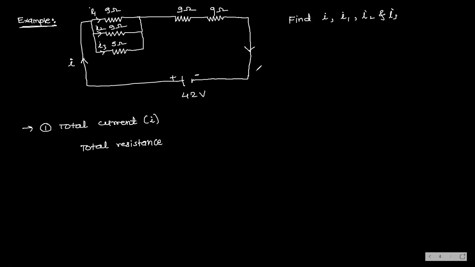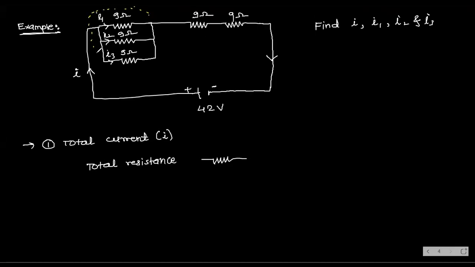First of all, these 3 resistors are in parallel. As these 3 resistors are in parallel, Rp is equal to R by N. So this is 9 by 3, which is equal to 3 ohm.